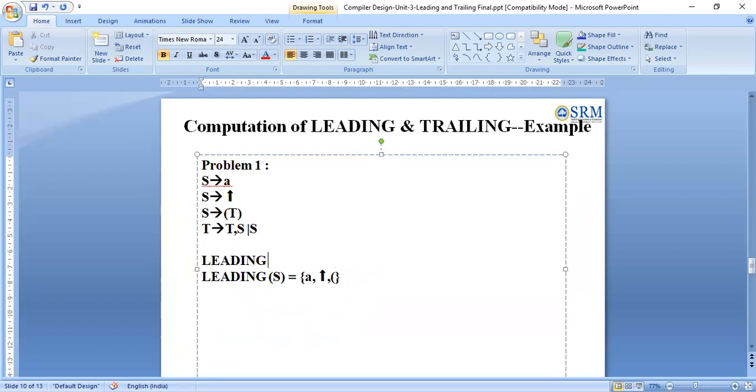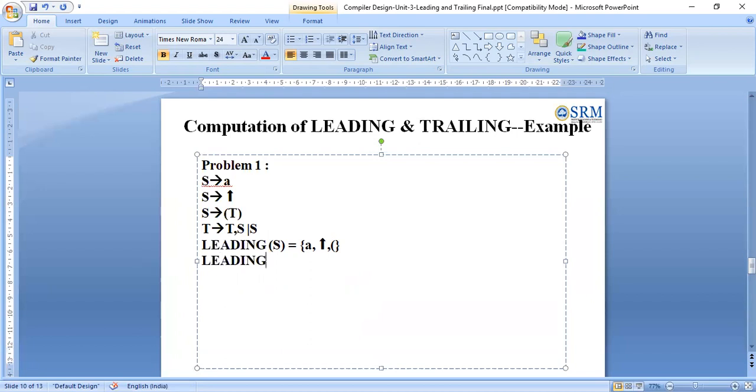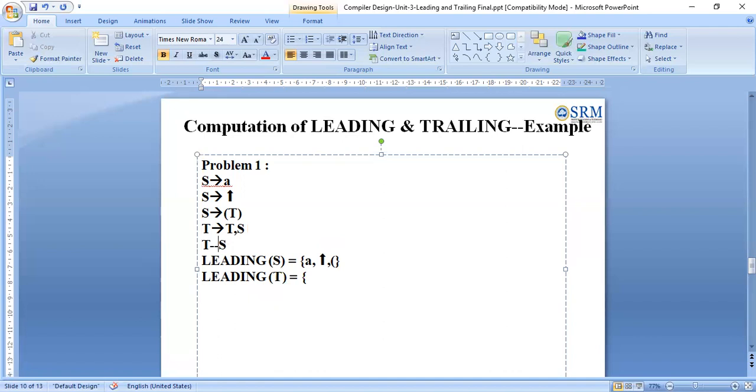Okay. Now we have to find leading of T. As per rule 1, what is the first terminal symbol in the production? If you want to split, you can split, no issues. Okay, so the first terminal symbol is comma.